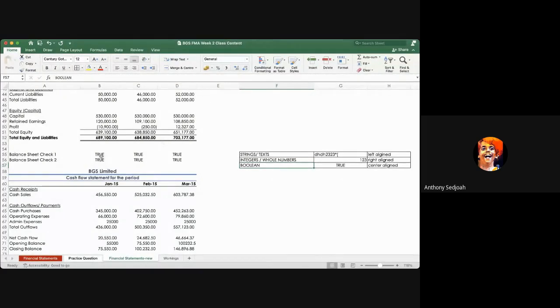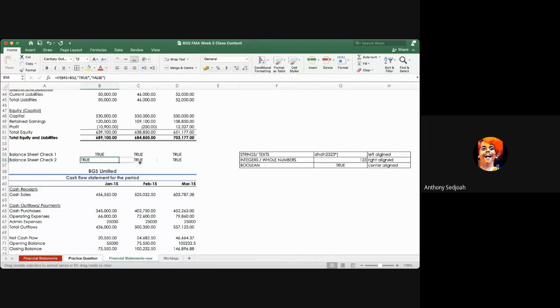Now let's go to the reason why initially my true or false was aligned to the left. What I did initially was add double quotation marks to the true. In Excel, if you add double quotation marks to something, you are making it a string. You get it? Yes, please. So in my IF formula, this true over here is a string, and it's a string because of the double quotation marks that I added.